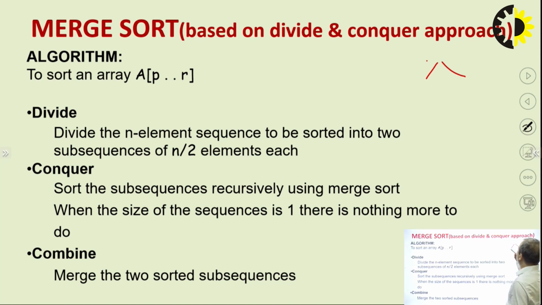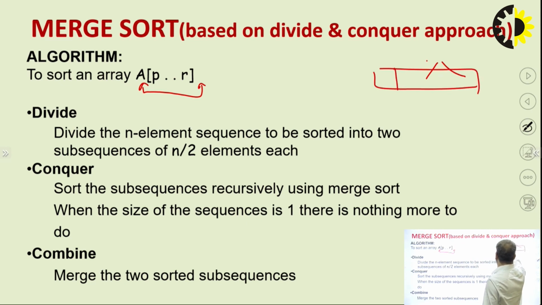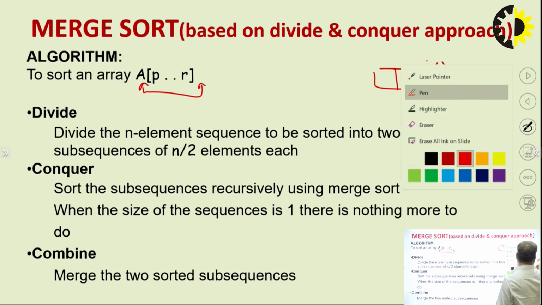So what do we do? Just see the merge sort using the divide and conquer approach. So this is the algorithm: divide, conquer and combine. So suppose we have an array A which starts from P and R, means the index starts from the first element P. P is not an element, P is basically an index. Suppose मान लो ये आपका array है.